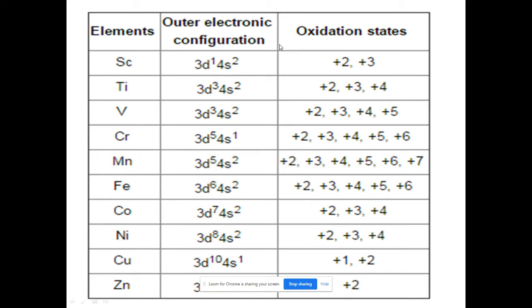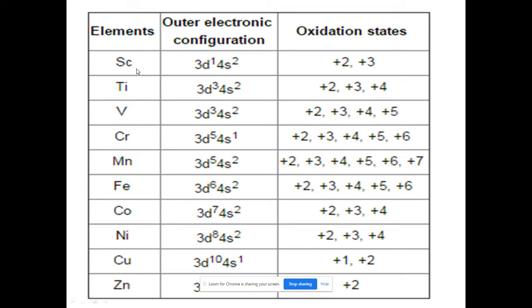In every transition series, except the first and last member, all the remaining members of the series exhibit different oxidation states. This is due to the fact that there is only a small difference between the energies of electrons in the ns orbital and (n-1)d orbital. So, as a result, both ns as well as (n-1)d orbitals can be used for compound formation.